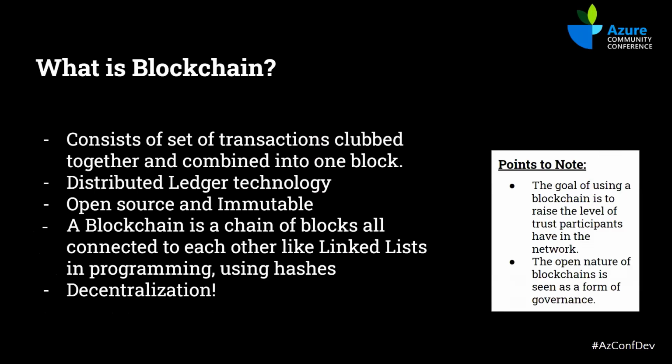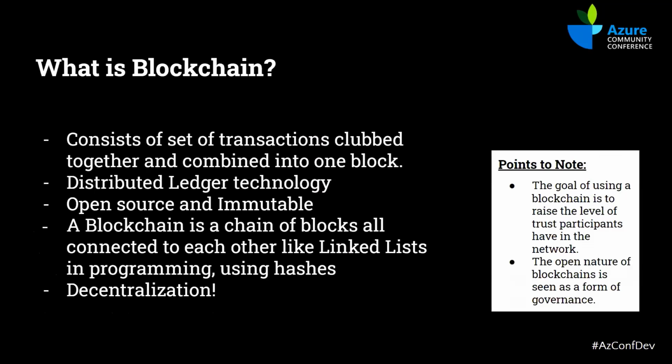Let's talk a little bit more in depth about what is blockchain. Blockchain consists of a set of transactions. This is something that we already saw in the previous slide. But how are these transactions represented in a blockchain? The transactions are clubbed together and combined into one single block.